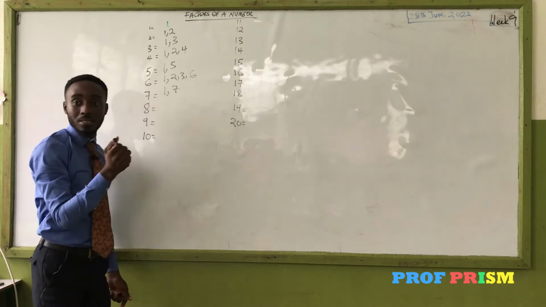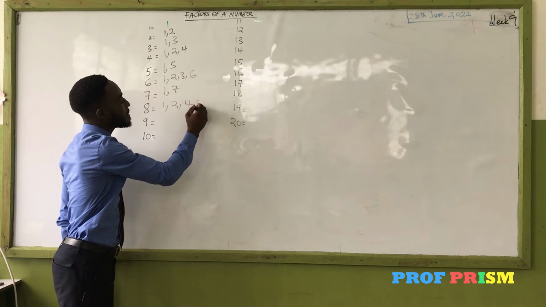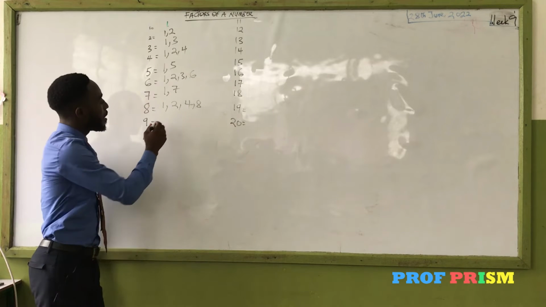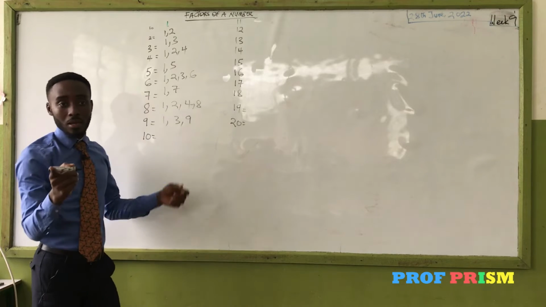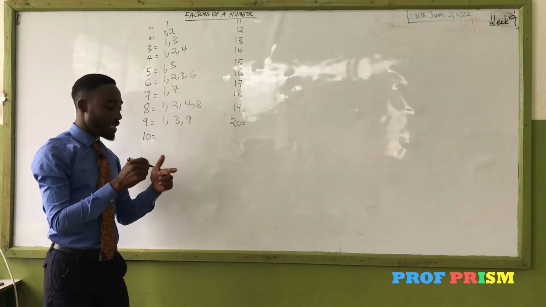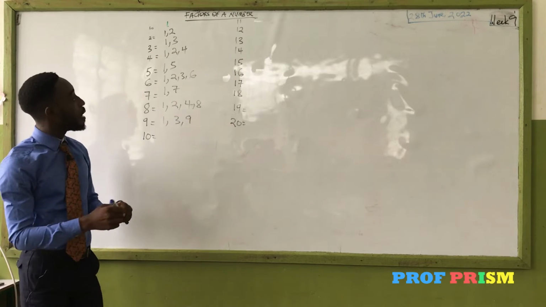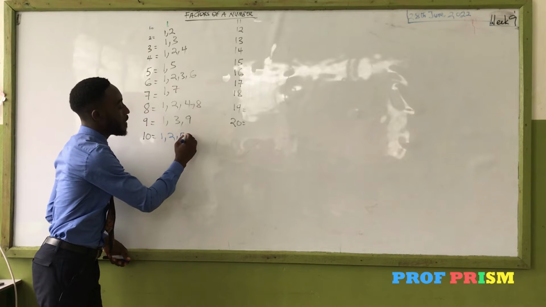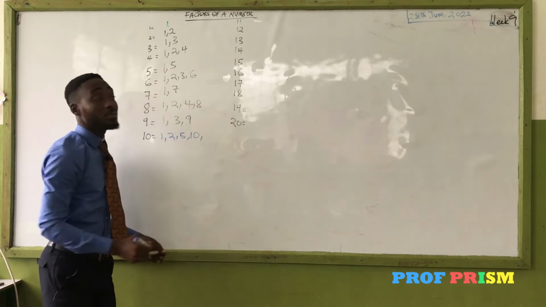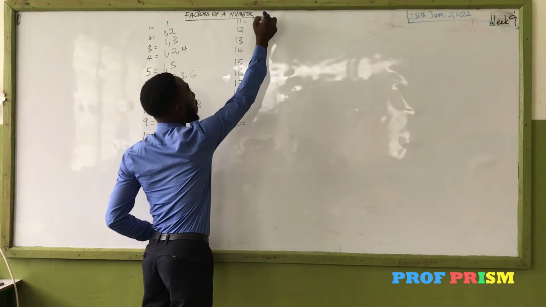1, 7. 1, 2, 4, and 8. 1, 3, and then 9. 10. Okay, 1, 2. I'm giving you guys team blue. 1, 2, 5, and 10. Next one. 1 and 11.